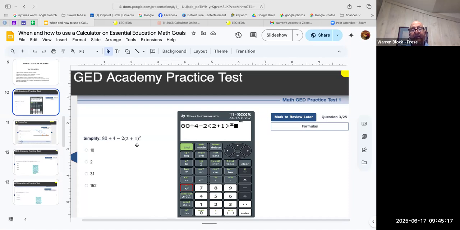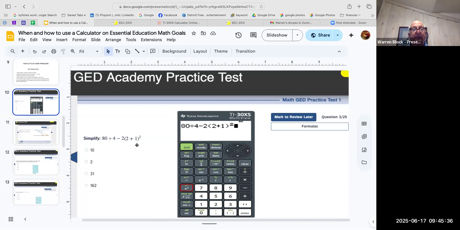And this particularly was, we don't want to do all this by hand. They're testing, this is not a calculator problem. They want you to do it without a calculator, but I thought it would be good practice to enter that into the calculator and do it. But as you're taking the test, you have to know the order of operations.